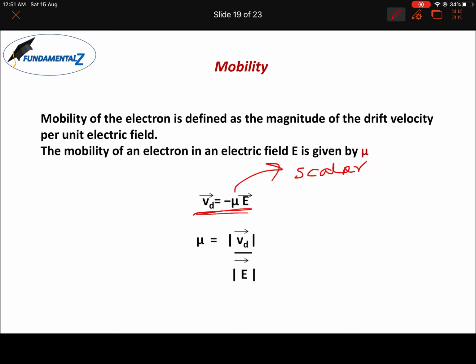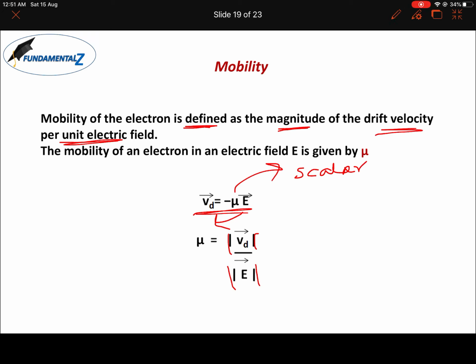That means there will be no sign for it. It will not carry a positive or a negative sign. So mu is equal to Vd divided by E, and I am going to represent it in magnitude. This is nothing but mobility. I can define mobility as magnitude of drift velocity per unit electric field.